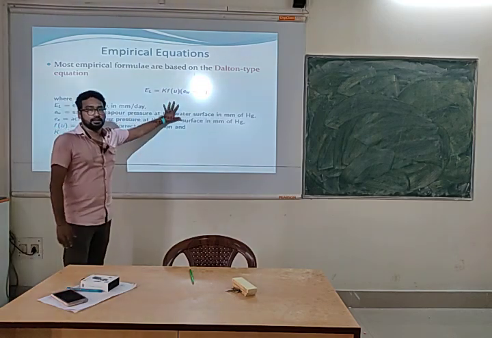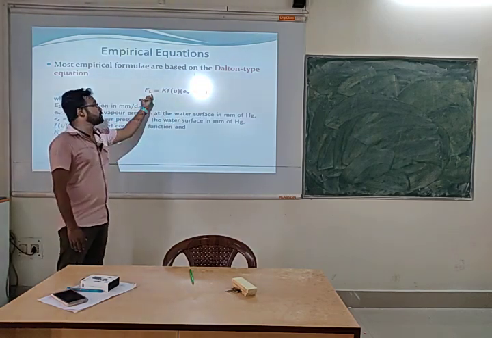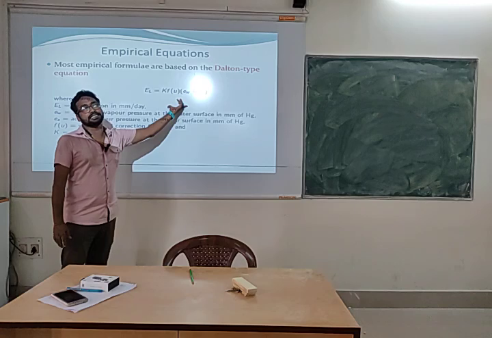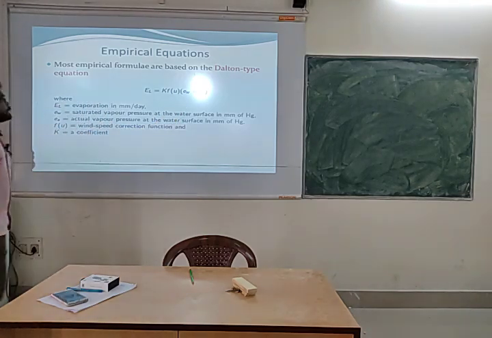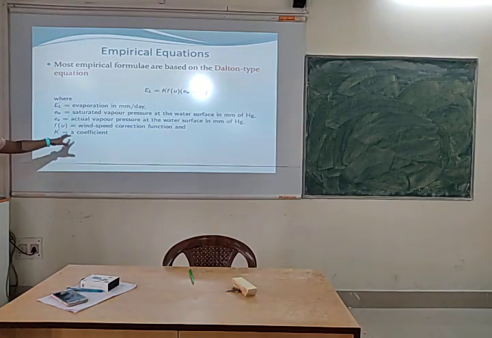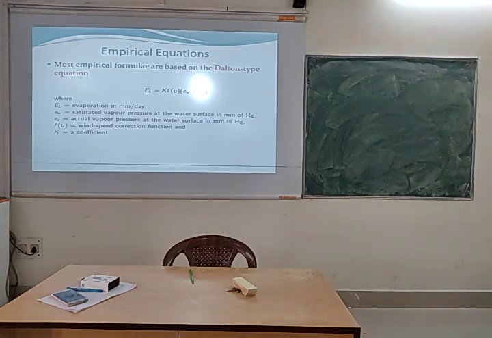The amount of evaporation will be equal to this, given by the Dalton type equation. So the evaporation rate in millimeter per day will be equal to K multiplied by FU multiplied by (EW minus EA).